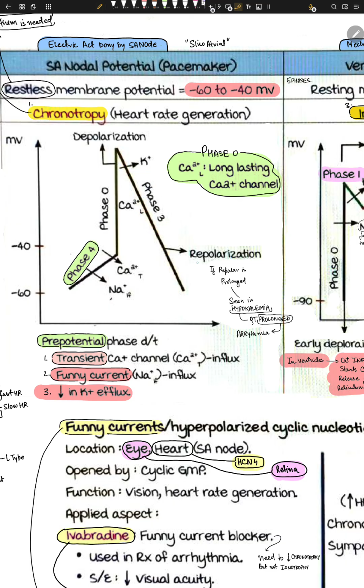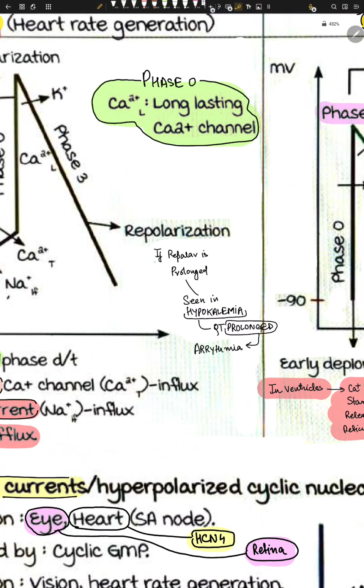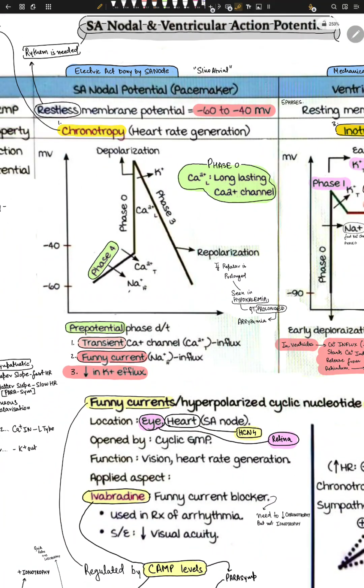Okay, so repolarization, right? If repolarization is prolonged, how will it happen? So let me tell you how it really happens. The repolarization in the SA nodal cells happens via potassium being pushed out of the cell.